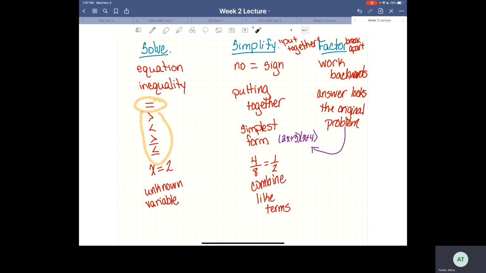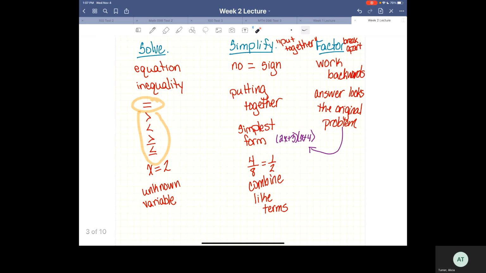So with factoring, we are breaking things back apart into their original form. That's often done so that we can solve an equation. But I do want us to understand the difference between solve, simplify, and factor. We will start with simplifying and then we'll move to factoring a little bit later.